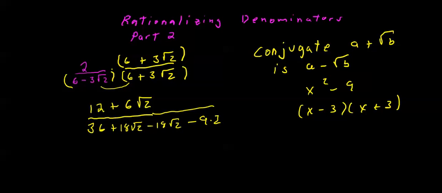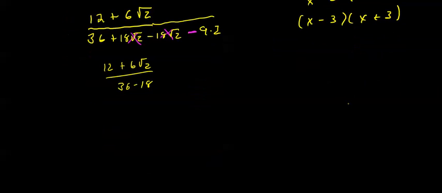In the test that I'm grading right now, a lot of you have messed up this minus. You forget about this being a negative. Okay? Don't forget that. These cancel. They always will. And we end up with 12 plus 6 radical 2 over 36 minus 18, 9 times 2, and 12 plus 6 radical 2 over 18, 36 minus 18.